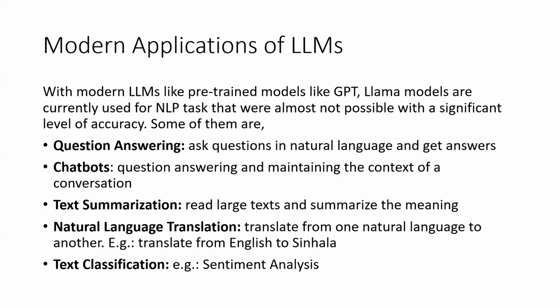These days, after transformer-based large language models, the level of translation capability is even higher than an ordinary human translator, right? That is also a capability that came with large language models. Text classification or sentiment analysis was there, but with large language models, this can be done much more accurately, even better than humans.